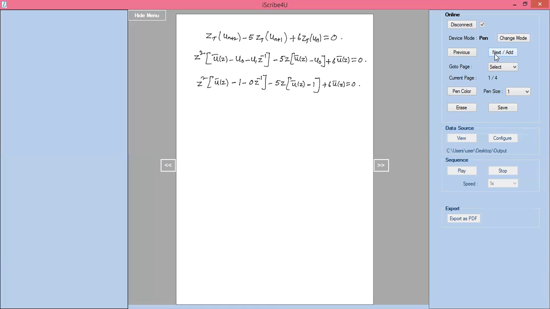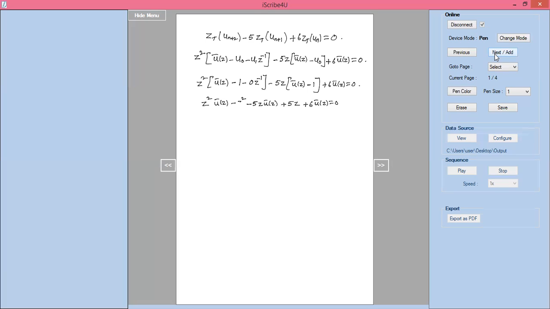Now I can write this one. If I simplify, z square into u bar of z minus z square minus 5z into u bar of z plus 5z plus 6 into u bar of z equal to 0.